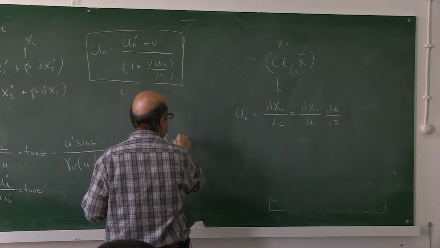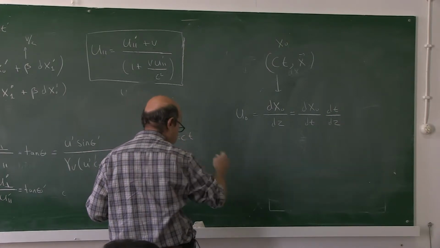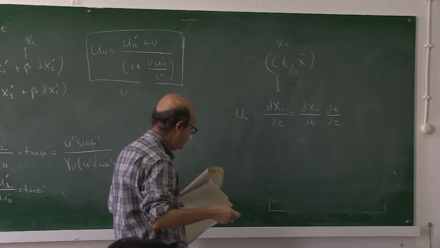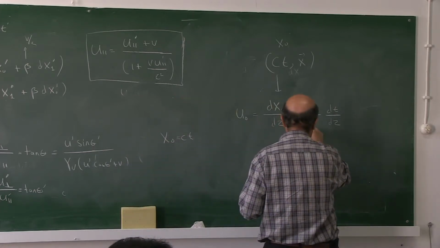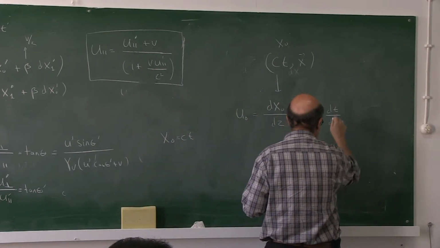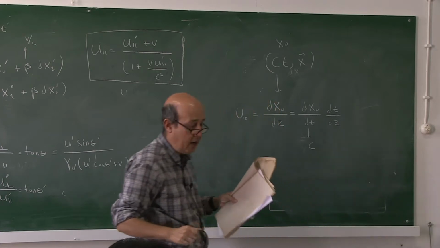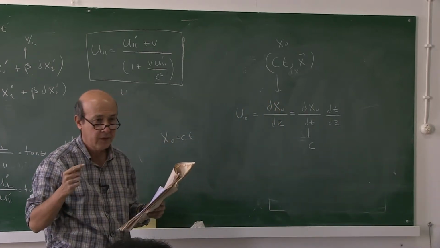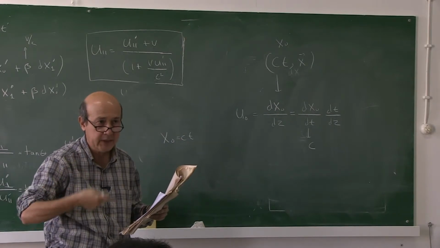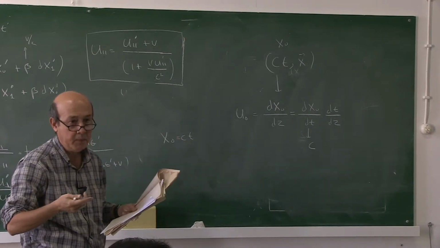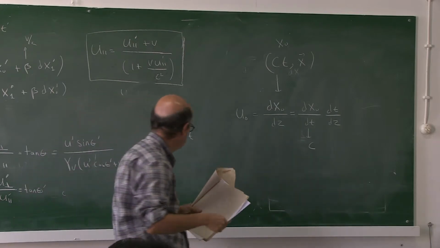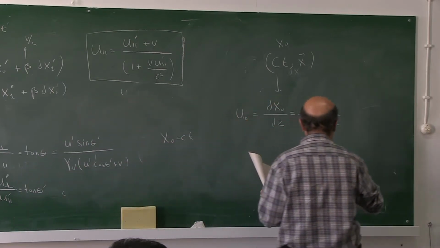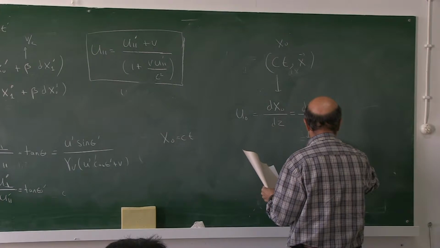And what is dt over d tau? From the time dilation we did, that is nothing but gamma. Look at your lecture notes.